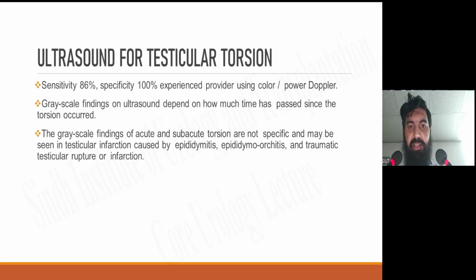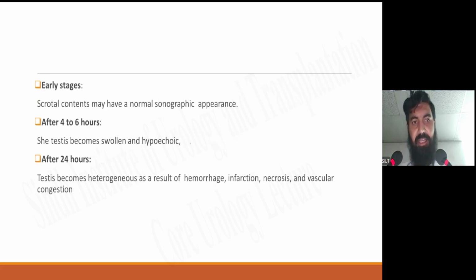Grayscale findings on ultrasound depend on how much time has passed since the torsion occurred. The grayscale findings of acute and subacute torsion are not specific and may be seen in testicular infarction caused by epididymitis, epididymo-orchitis, traumatic testicular rupture, or infection. In early stages, scrotal contents may have a normal sonographic appearance.